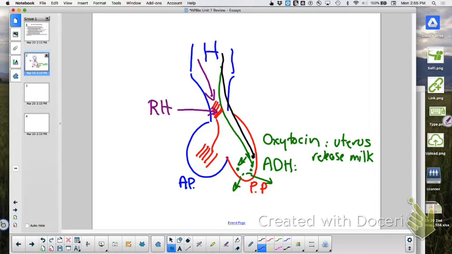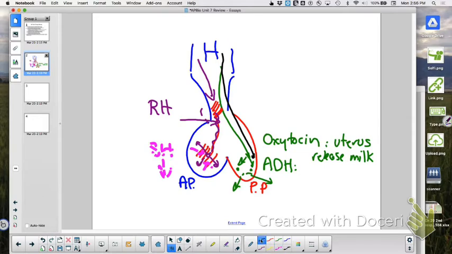When these releasing hormones get carried by the blood and come out into the anterior pituitary, then the anterior pituitary knows to put stimulating hormones into the blood, and these go to the rest of the body. So let's talk about what kind of stimulating hormones there are.